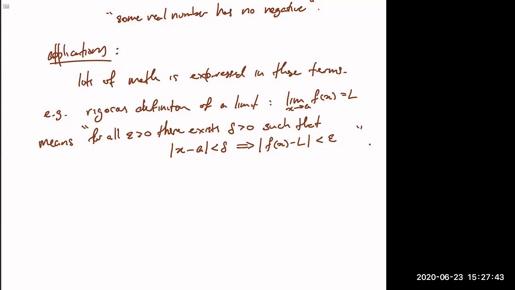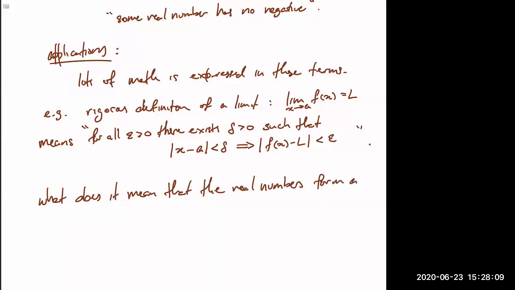So this may not make sense at the moment, but I just want to write it down because I think you will understand the propositions at least. What does it mean that the real numbers form a group? Under addition.